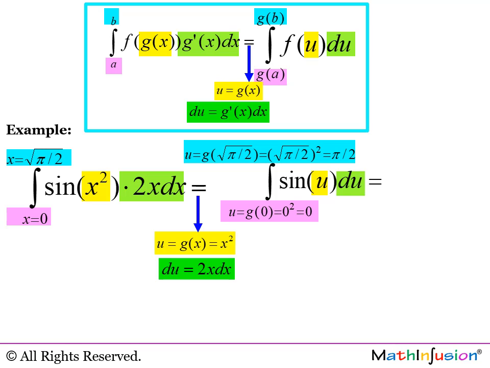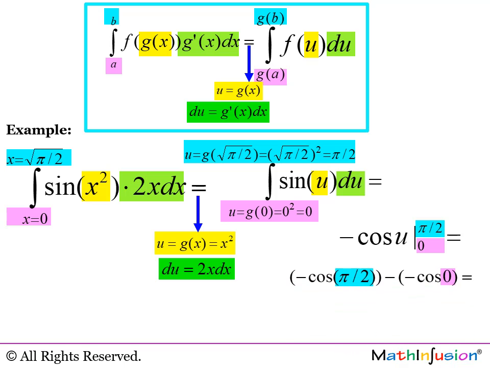We have to square it, because g squares the x, and we get pi over 2. So now you know what to do. Here is the antiderivative, and we have to substitute the limits. So it is negative cosine pi over 2 minus negative cosine 0. Cosine of pi over 2 is just 0, and cosine of 0 is 1. So we get minus 0 minus 1, so the total is just 1.